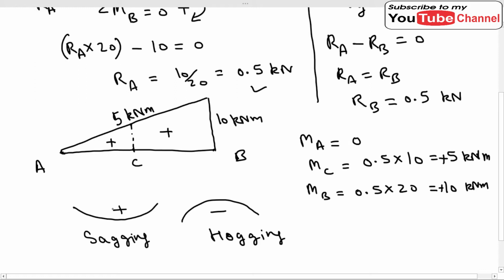You can remember it by understanding that we are taking this positive, because if we pour water on this beam, the water will accumulate here. And if we pour water on this beam, the water will go away and it will not retain any water. So that's why we have taken the negative sign. Okay, you can remember it by this example easily.